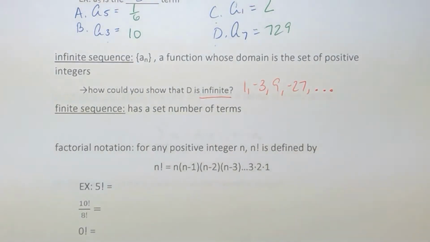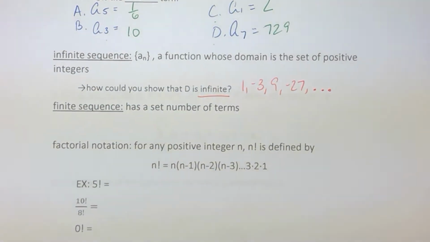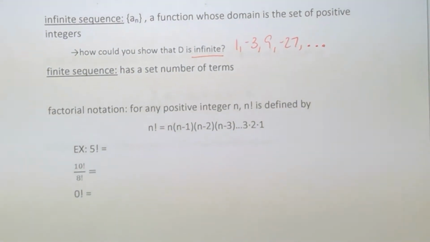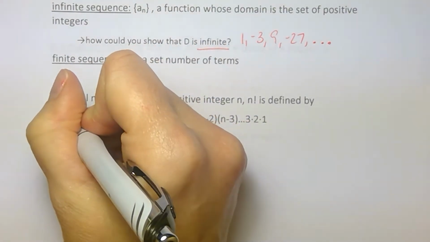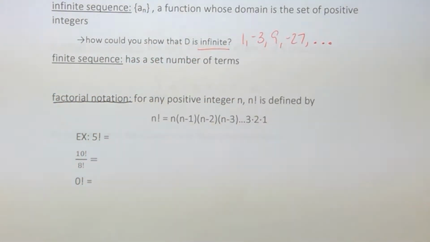Something that you're going to see with your sequences and series a lot is factorial notation. I think that we've already introduced factorial notation this semester, but I teach it in other classes, so I can't be sure. So we're going to introduce it here. Factorial notation, and that should be underlined to follow our pattern.